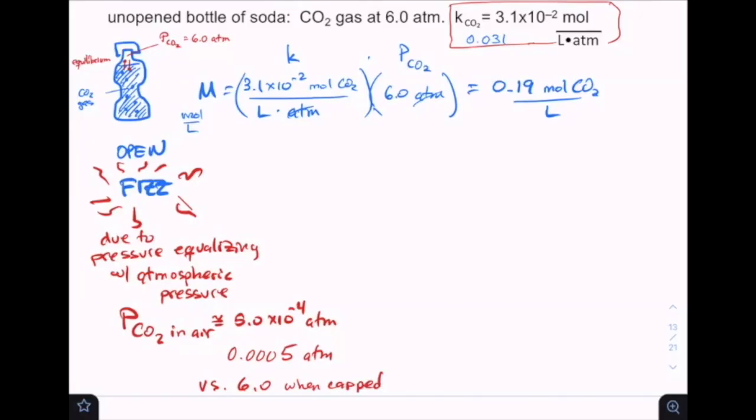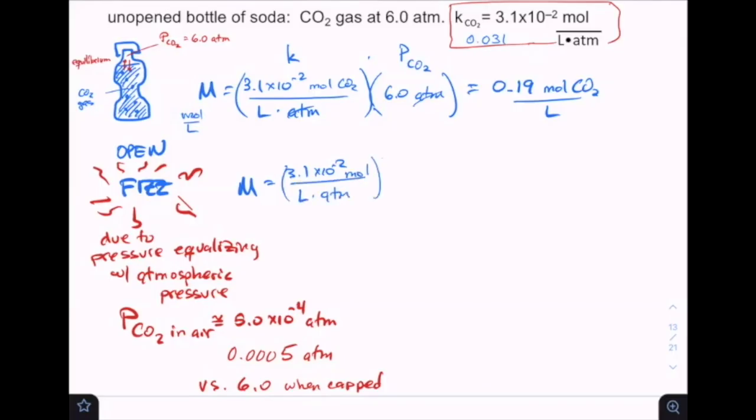So that's a huge difference, okay? And in fact, we can calculate what the new molarity of the solution will be once everything has equilibrated to atmospheric above the liquid. So we can make that calculation too. Once it's open, the solubility constant is still the same. That just tells us how many moles we can get solubilized per liter per atmosphere.